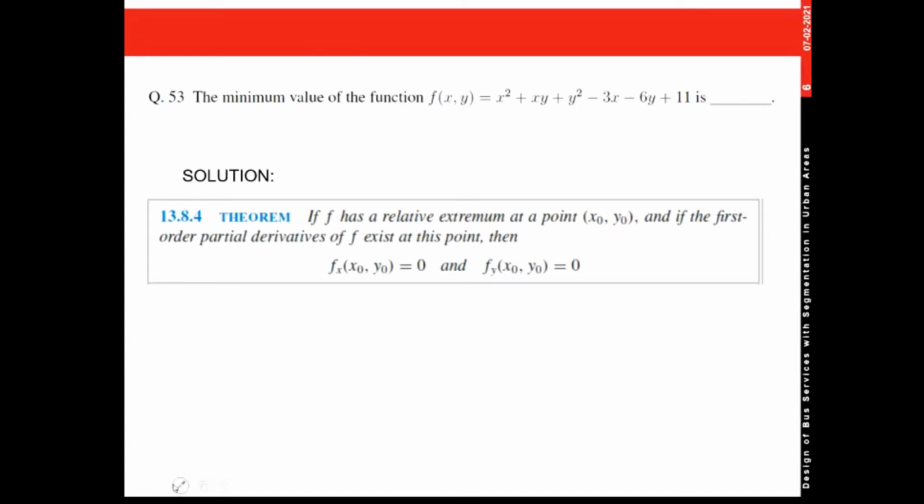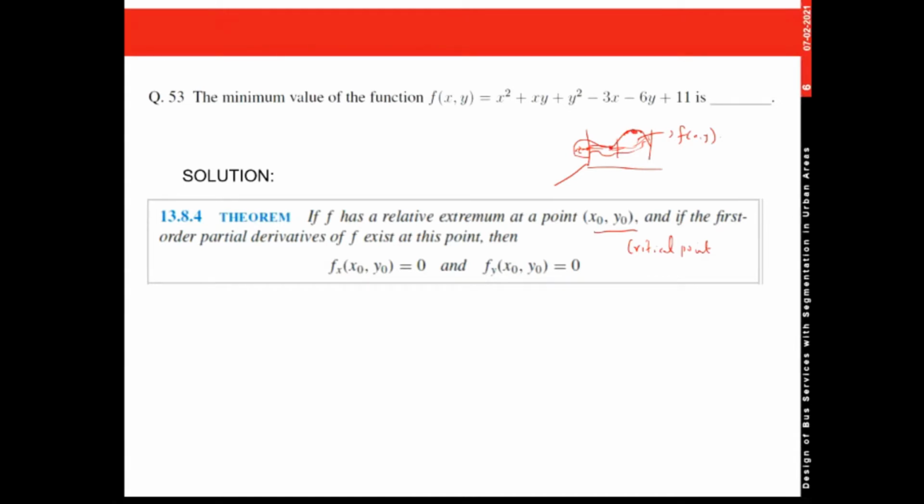So this point is called a critical point. The theory says that if you have some function f of x, y, then there will be a relative maxima, and maybe there may be relative minima.